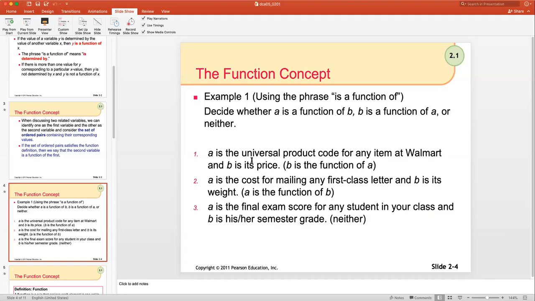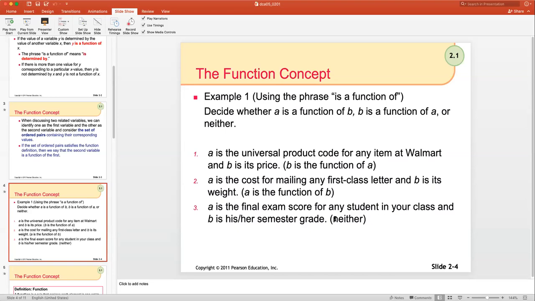Next example: A is the cost for mailing any first class letter, and B is its weight. The cost will be determined by its weight, right? So A is a function of B. Now the next one: A is the final exam score for any student in your class, and B is his or her semester grade.